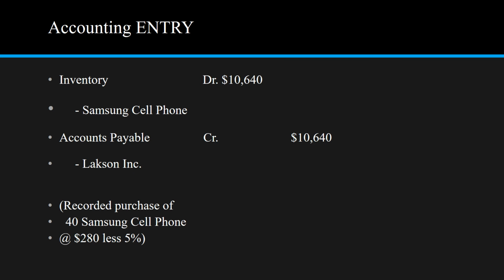That is the net cost of one cell phone, and we multiply the net cost with the quantity purchased, which is 40 in this case, and we get this amount: 10,640. That is the total cost of purchasing 40 Samsung cell phones. Right, let's proceed further.